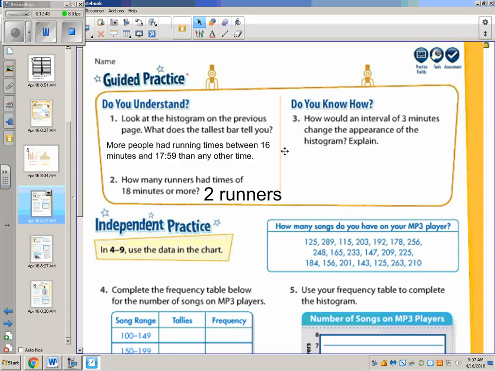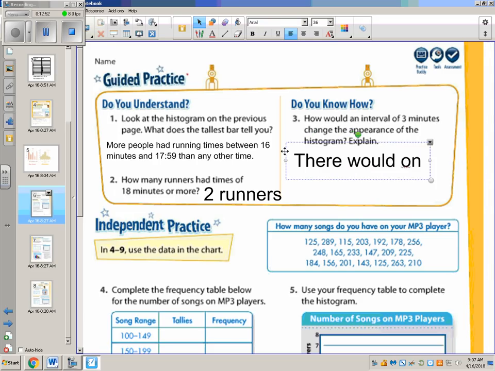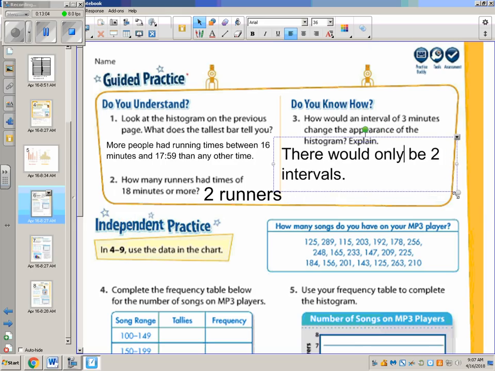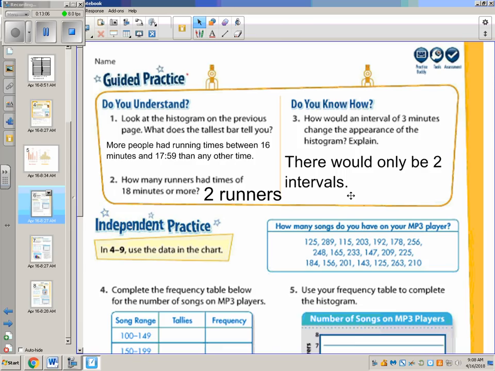So I'm just going to put that there would only be 2 intervals. That's how it would be different. So instead of having our 3 bars and our 3 intervals, there would only be 2 because if we split up the time into groups of 3 minutes, then it would go from 14 minutes to 17 and then from 17 to 19.